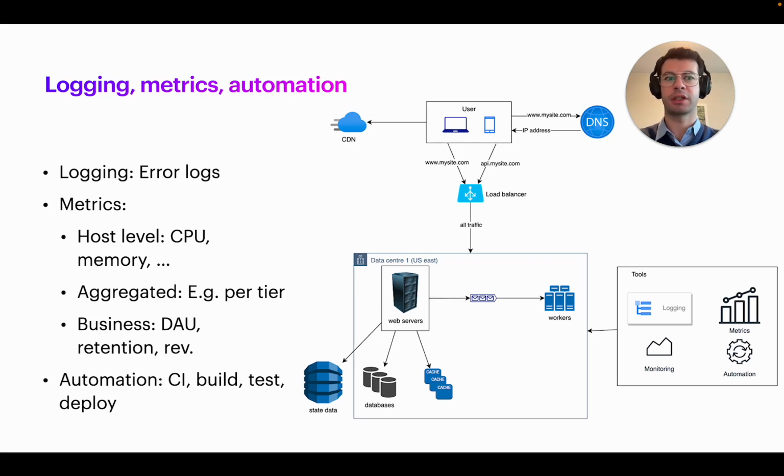That you're actually losing, whereas you can automate that. Some examples of that: continuous integration, automating our build, test, and deployment processes, which will further improve our engineer productivity.